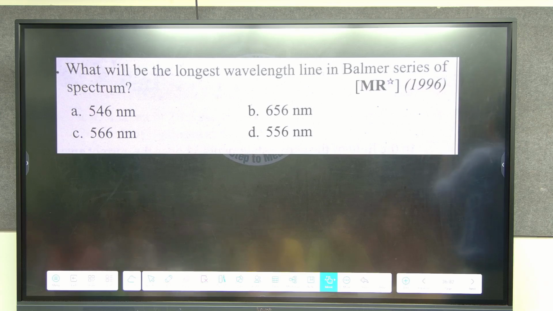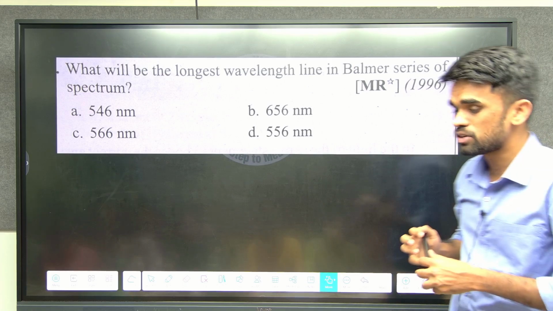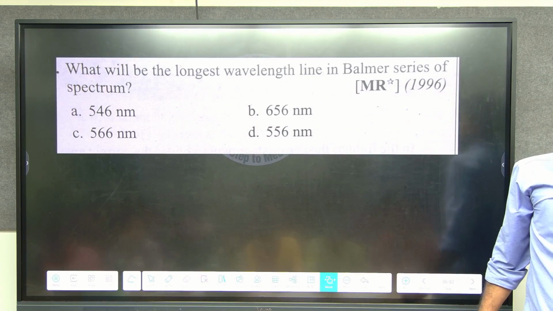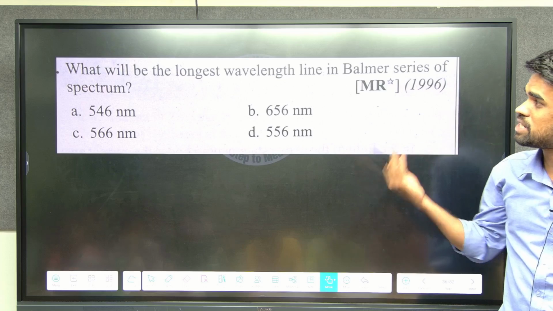N1 will be 2, N2 will be 3. 3 to 2. Okay, you got the N1, N2 values. So substitute. What is the formula given? Tell the full formula: 1 by lambda equals RH Z square. Use that fast. Do it once. Z, if it is not mentioned, take a hydrogen atom.